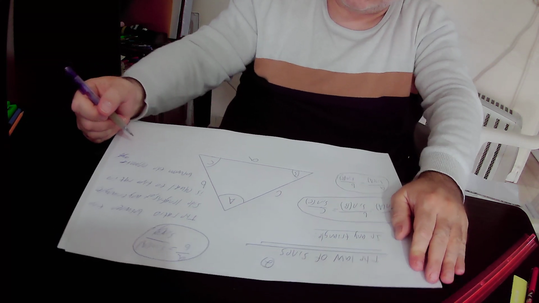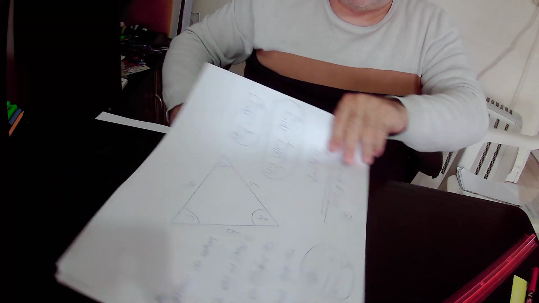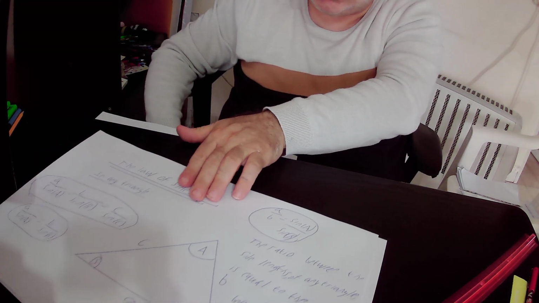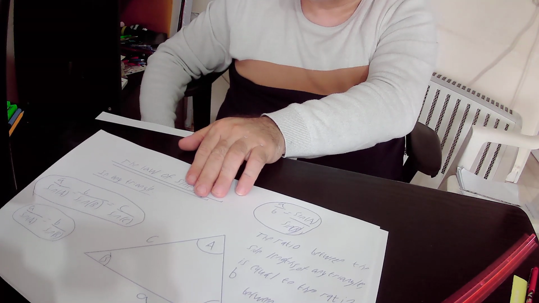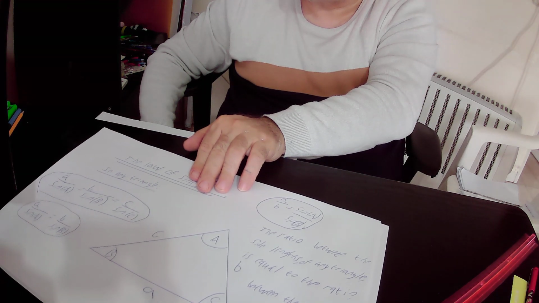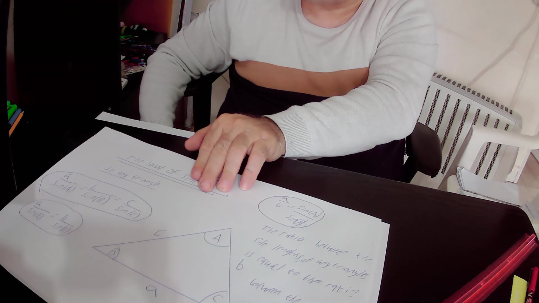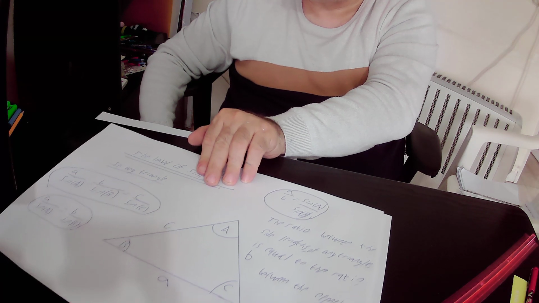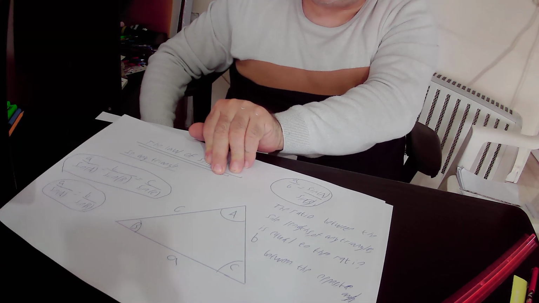I'll repeat again. The ratio between the side lengths of any triangle is equal to the ratio between the opposite angles. Okay?